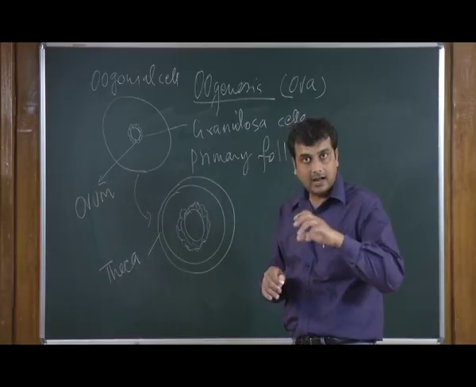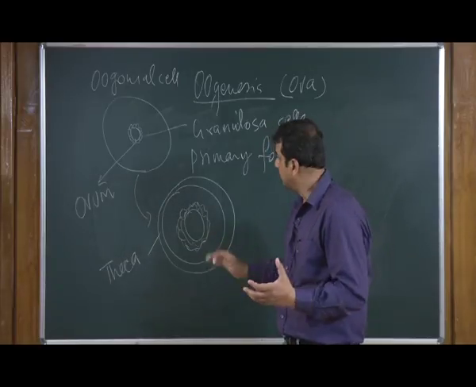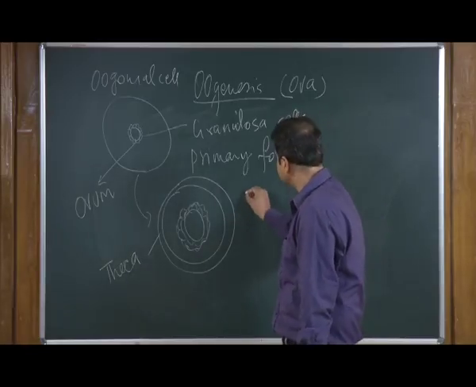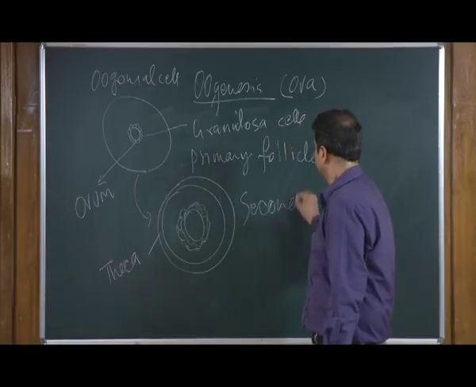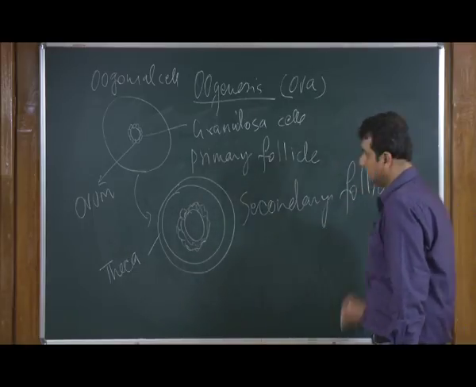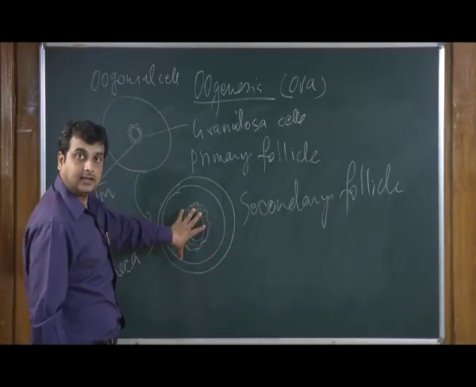After getting granulosa cell deposition on top of the developing ovum and also surrounding the follicle, it is what we call the secondary follicle. So here we have the secondary follicle containing developing ova.